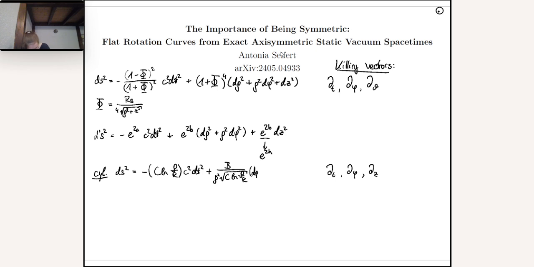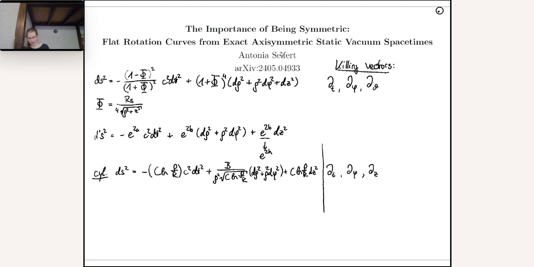We have the same prefactor for the d rho squared and the rho d phi. And by appropriately scaling the z coordinate, we find c ln(rho over R) again.